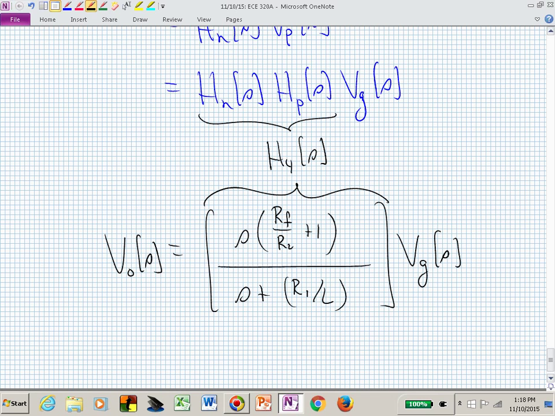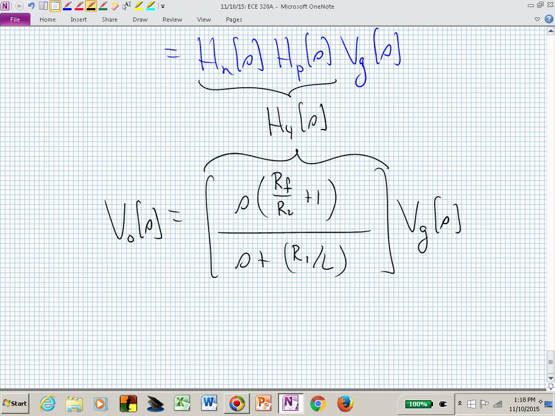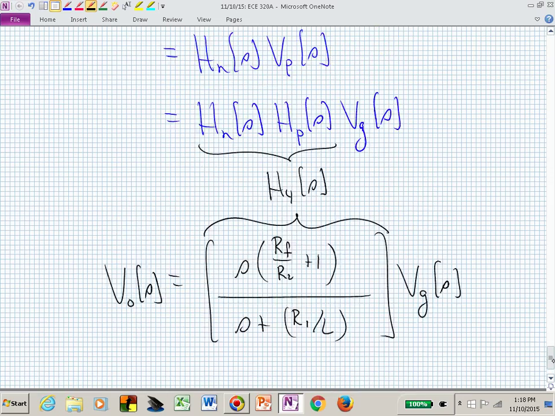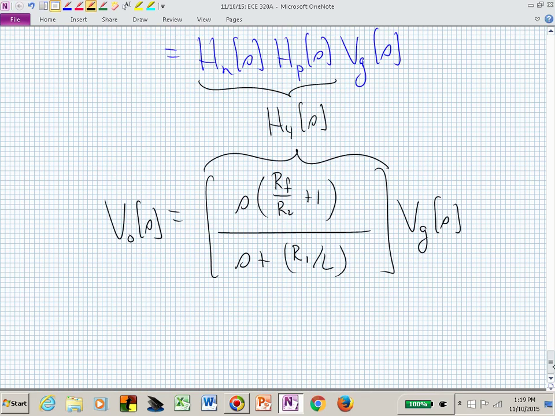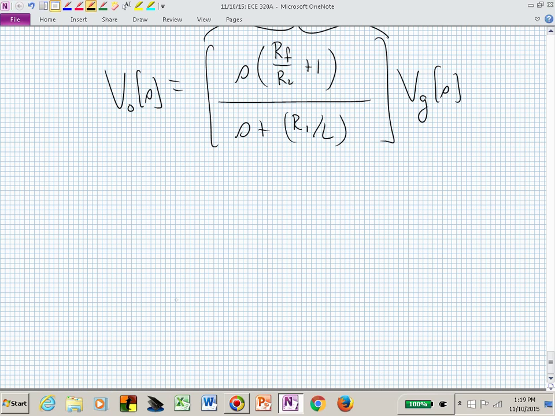At high frequencies, where is that going? Do you see how this h sub 4 compares with h sub p? The denominator is exactly the same. All I've done is change the numerator by this scaling factor, R sub f over R sub 2 plus 1. So this should be shaped just like this.